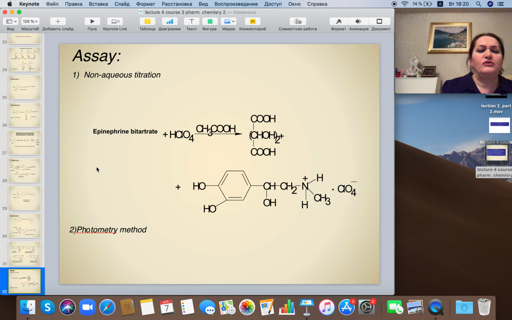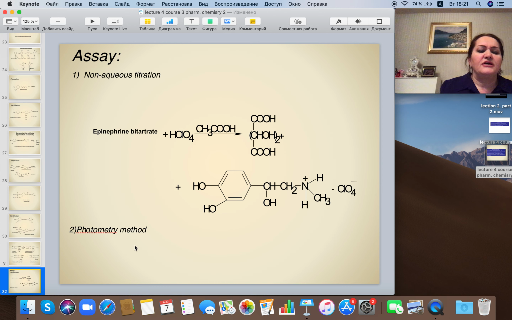When we speak about assay, you must say that these preparations use non-aqueous titration. You know this method, this volumetric chemical method, and in non-aqueous titration we use acetic perchloric acid, with crystal violet as indicator.